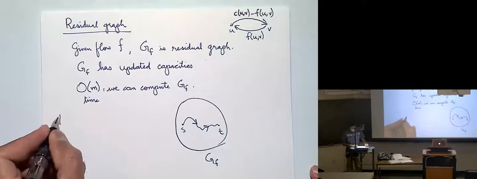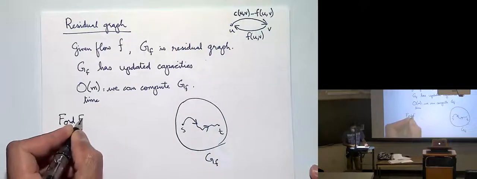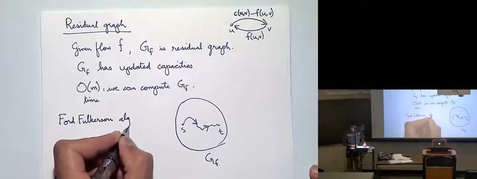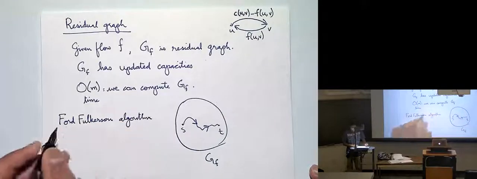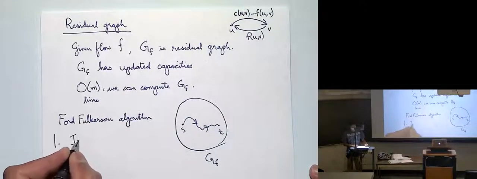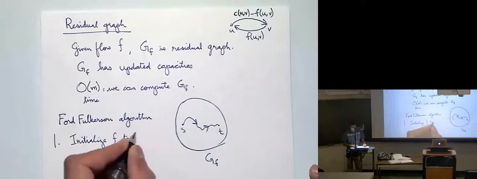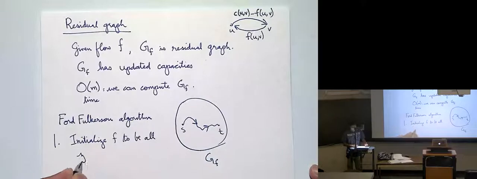So the Ford-Fulkerson algorithm just says, of course, you initialize F to be all 0. Right? All the flow is 0.